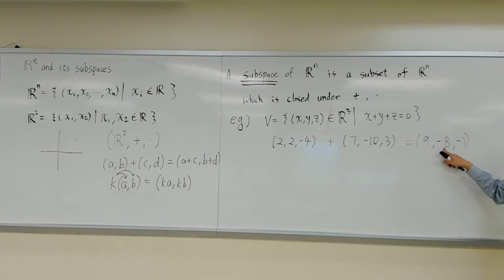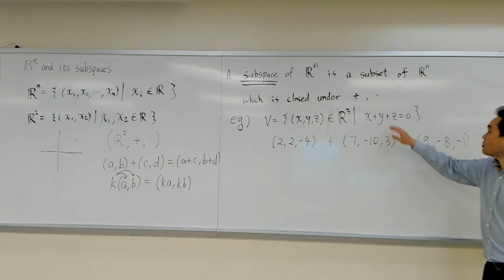So 9 plus -8 plus -1 does give you 0, and therefore, yes, this is closed under addition. To actually prove that, we'll do such proofs later. Right now this is not really a proof. This is just to convince you that it is closed under addition.